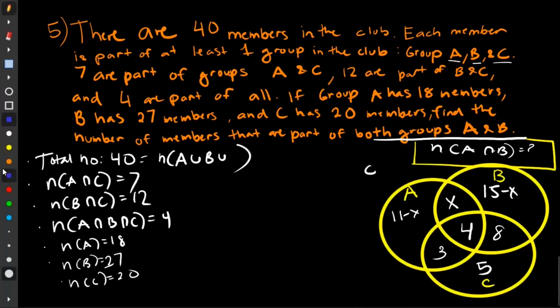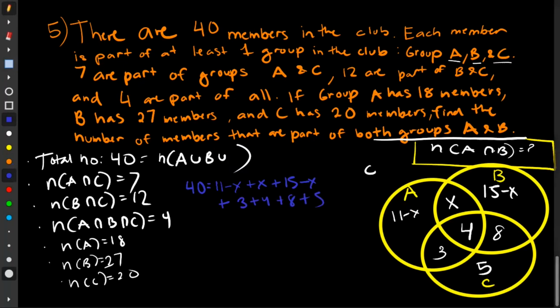We have 40 is equal to 11 minus X plus X plus 15 minus X plus 3 plus 4 plus 8 and plus 5.